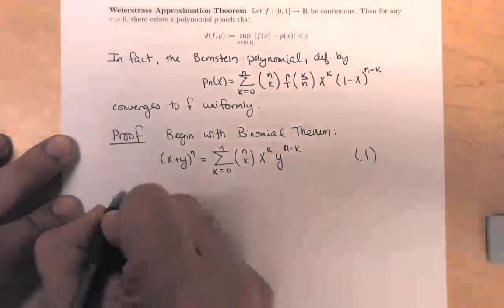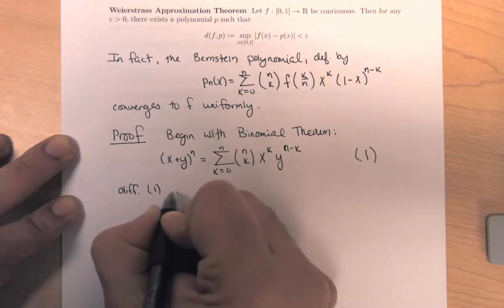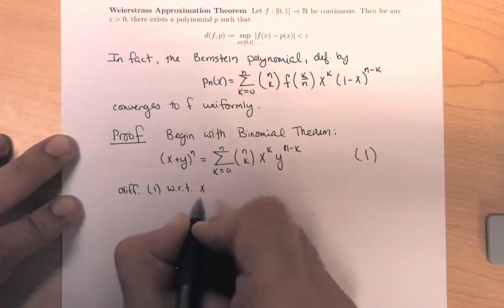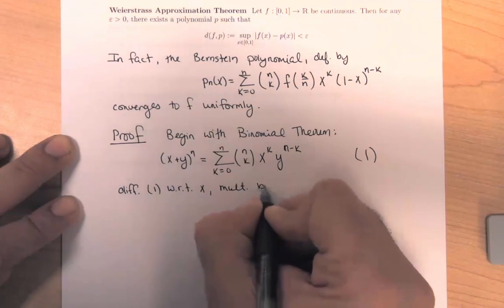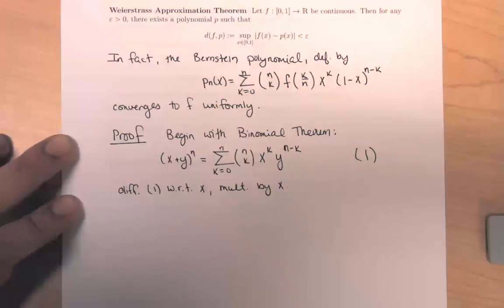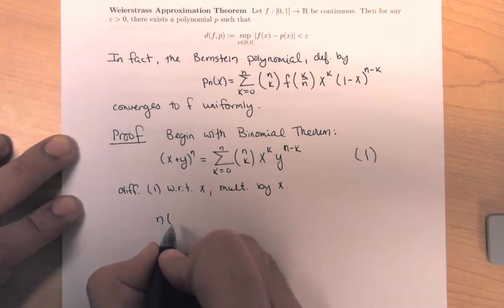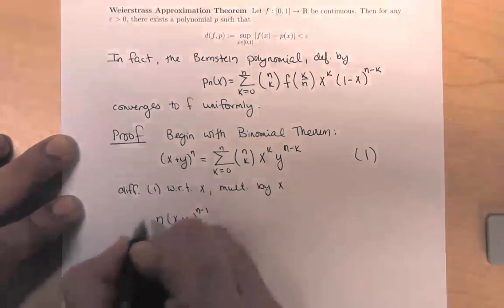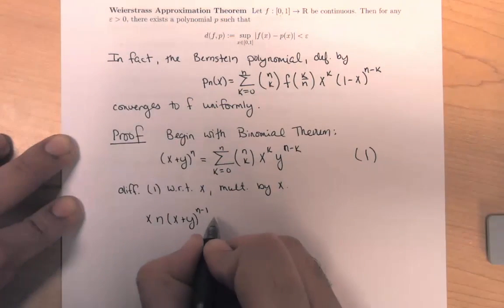Now, if I differentiate 1 with respect to x, then multiply by x, I would get n times x plus y to the n minus 1. Then I'm going to multiply by x. So I would get this on the left.